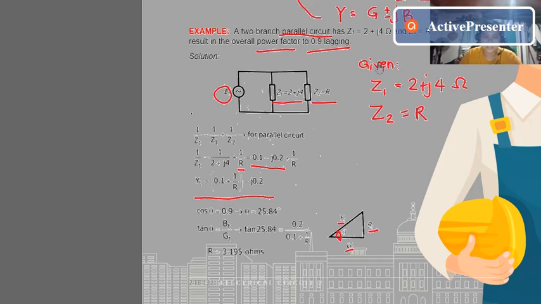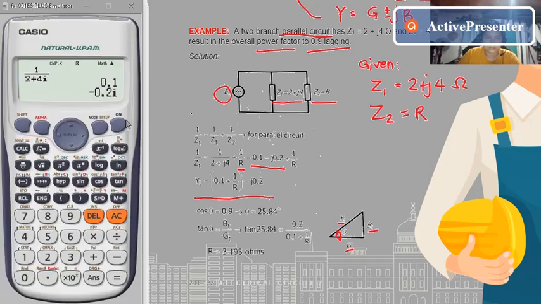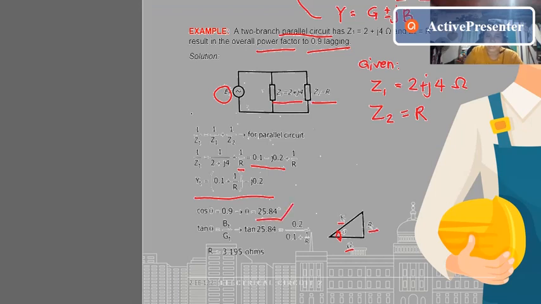So cosine inverse: shift cosine of 0.9. Since we are looking for the angle, our angle will be 25.84 degrees.